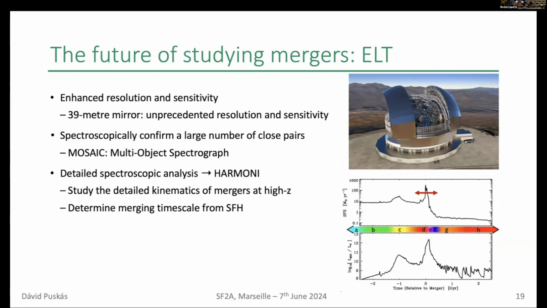And also we could look at some particular interesting mergers using the HARMONI instrument to study their kinematics and also look at the spatially resolved star formation history, because potentially these mergers increase the star formation rate. So by looking at the scale of this burstiness or quenching afterwards, we can derive much more precise merger timescales.